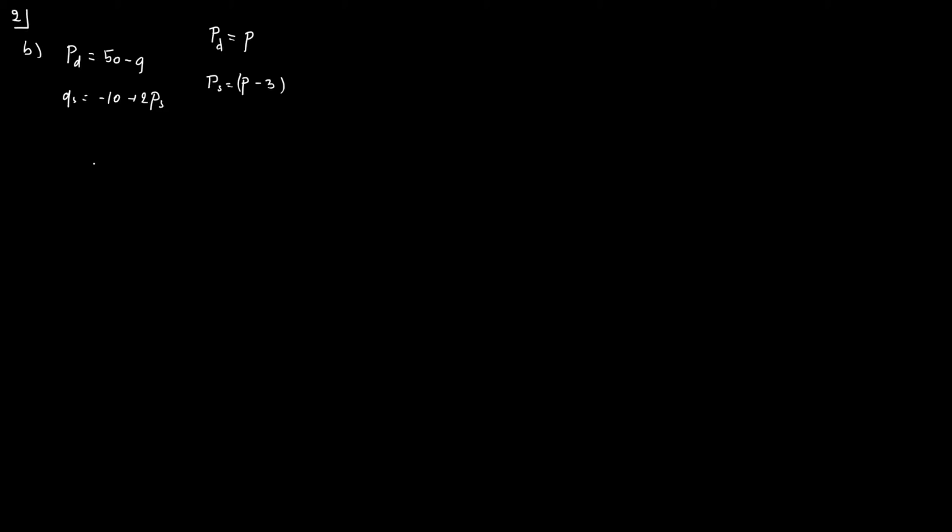We get P is equal to 50 minus Q, and here we get quantity supplied, and of course these need to be equal, so we can immediately remove this S over here. It doesn't really matter that much, because they need to be equal to each other in the equilibrium. And then over here you get minus 10 plus 2 times your new measurement for the price, price minus 3.